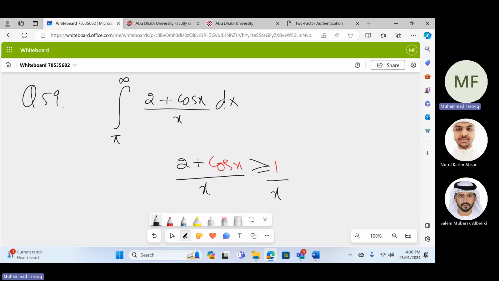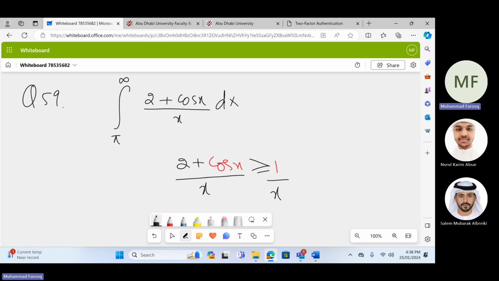Because my question has x; I have to follow the question. Why do we divide by x but didn't add 2? It has a reason.